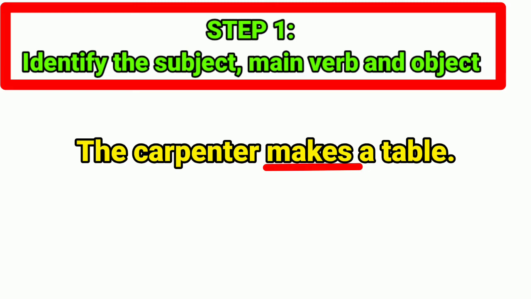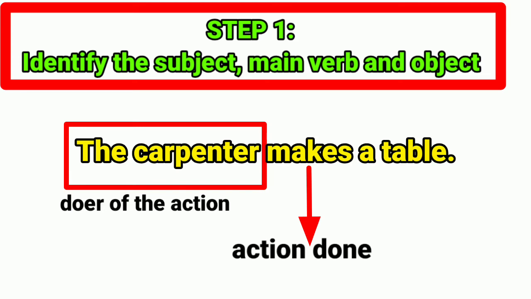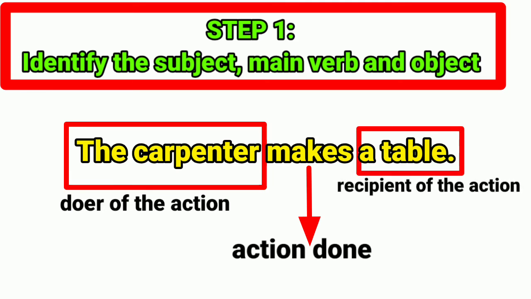Here we can also say that the carpenter is the doer of the action, makes is the action done and a table is the recipient of the action.